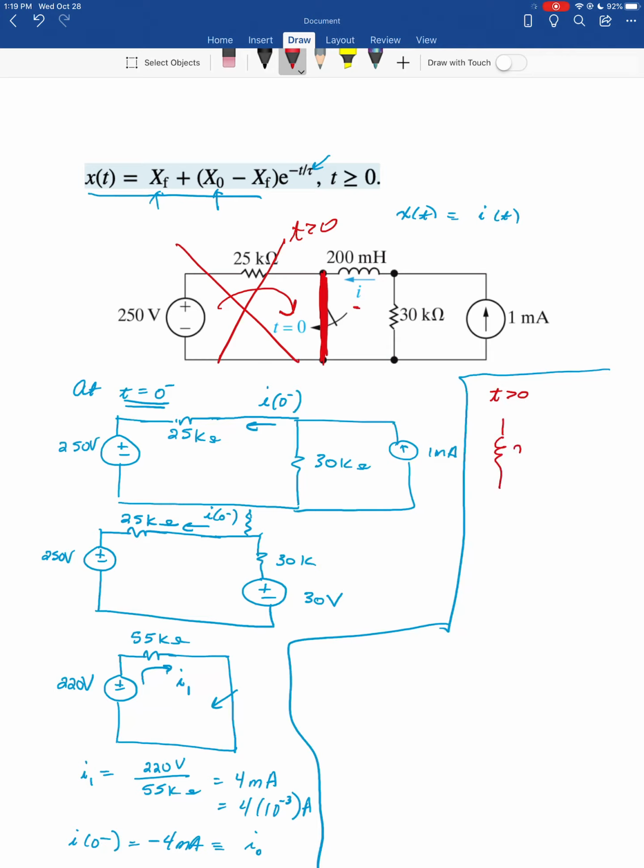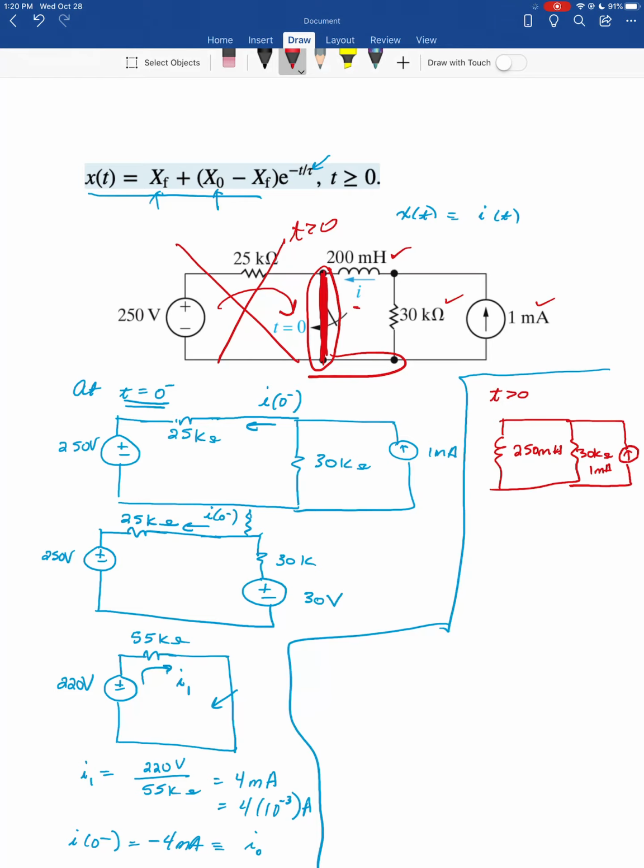So what I then have, for t greater than 0, is a circuit that looks like a 250 millihenry inductor in parallel with a 30 kilo ohm resistor and a 1 milliamp source. Because once this is shorted, this is a single common node and it's in common with this node. So these two elements are in parallel, and they're also in parallel with the 1 milliamp source.